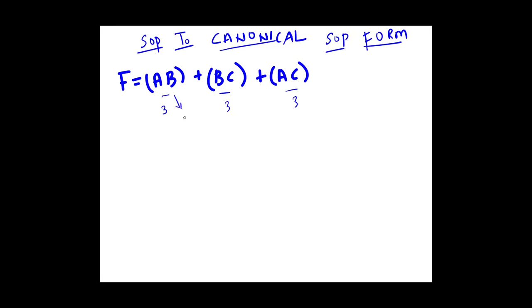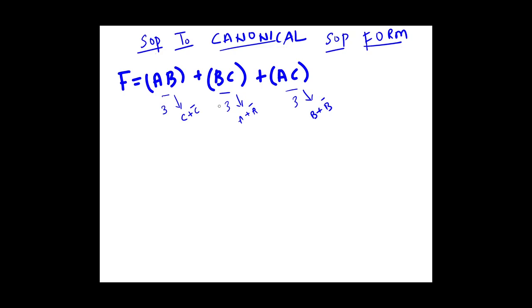So I need to add C. That means here I'll just add C plus C bar. And for this term, I'll just multiply with A plus A bar, because there is no A. And in this I don't have B. So I'll just multiply it with B plus B bar.